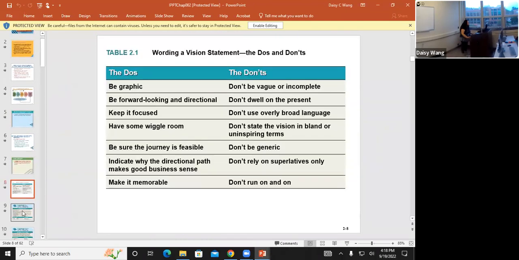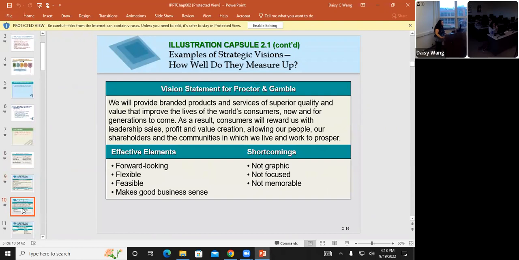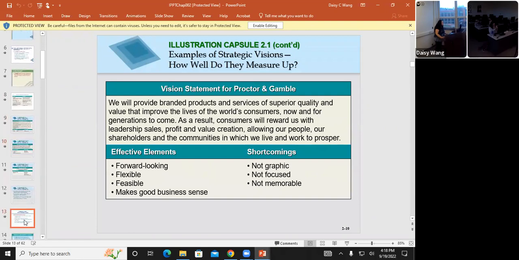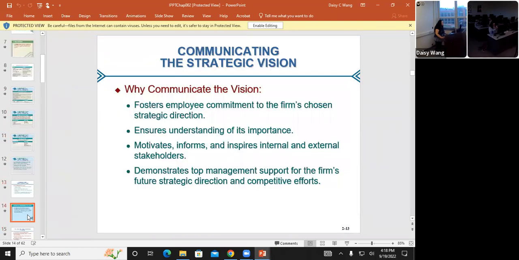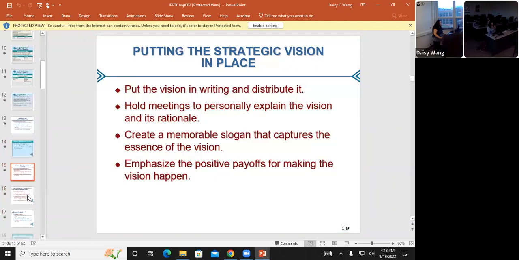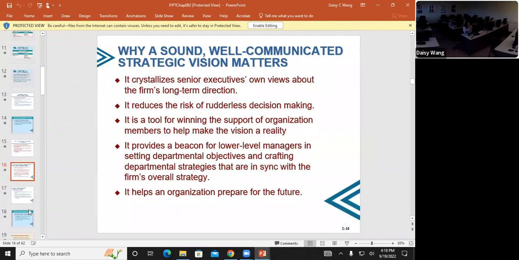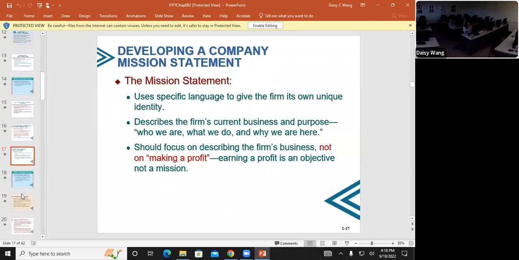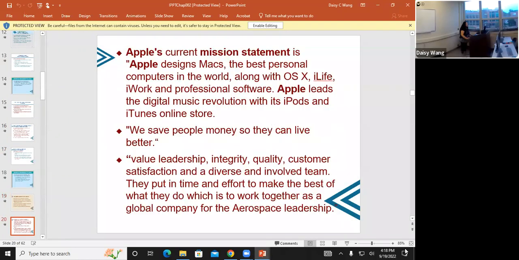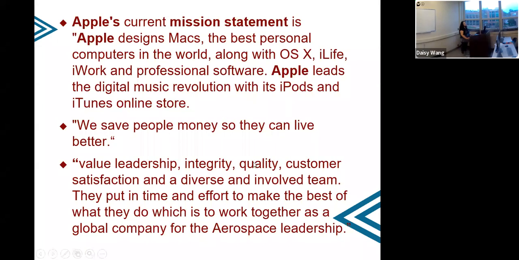The example. I don't know why I didn't. This one. So this one I tell you because this is easy.